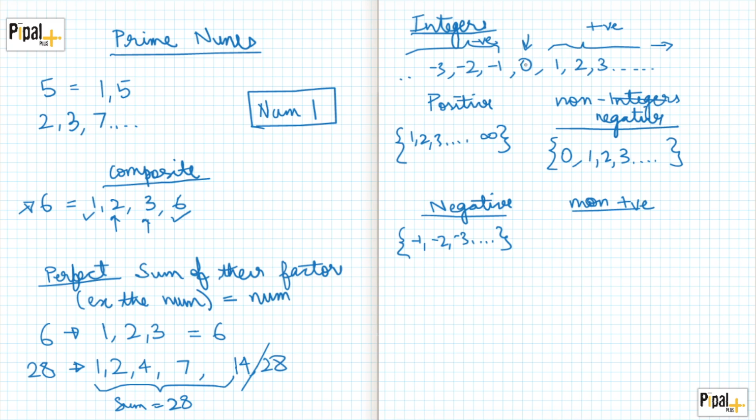So I'm left with 0, -1, -2 and so on. The difference between positive and non-negative is that of a 0. The difference between negative and non-positive is again that of a 0, right? This is something which is best remembered.